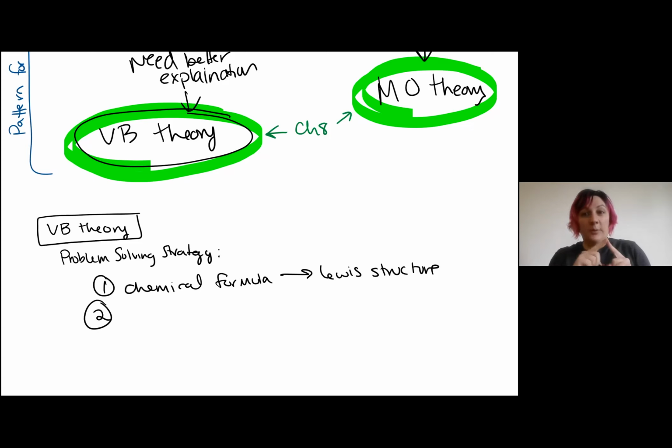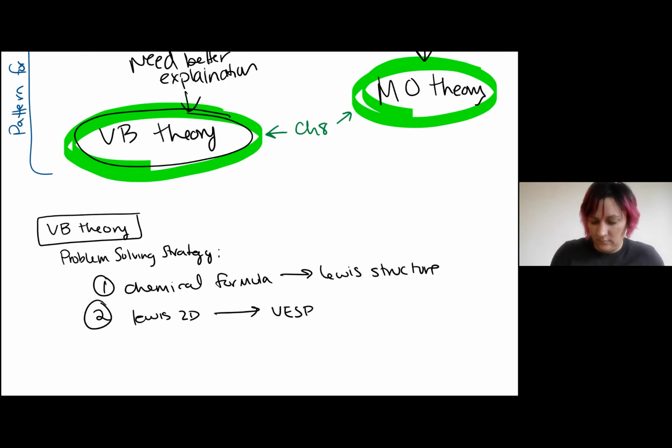Then you're going to need to interpret that Lewis structure using VSEPR theory. Once you have an idea of how things will arrange in 3 dimensions, then we can layer on an explanation using valence bond theory.